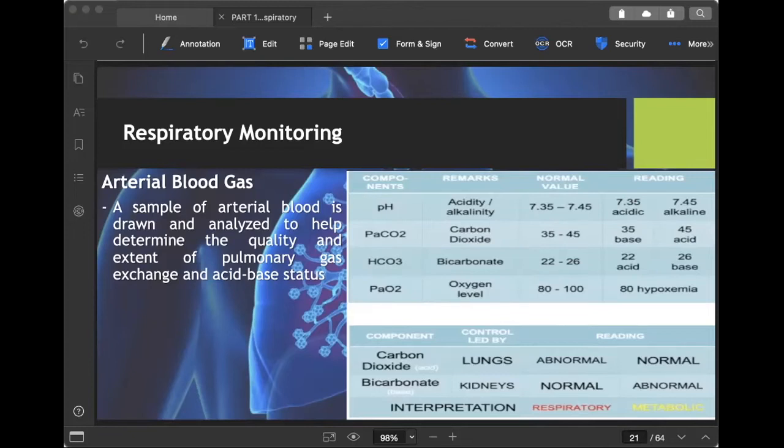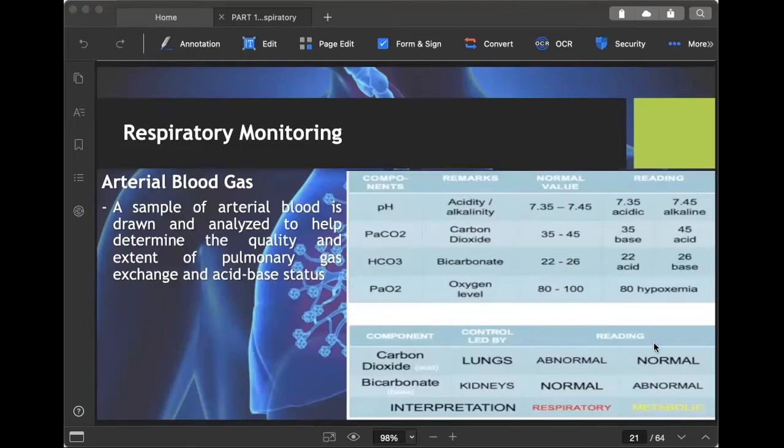The pH of the blood is 7.35 to 7.45. Lower than 7.35 is acidic, and higher than 7.45 is alkaline. Your carbon dioxide range is 35 to 45, and your bicarbonate is 22 to 26.